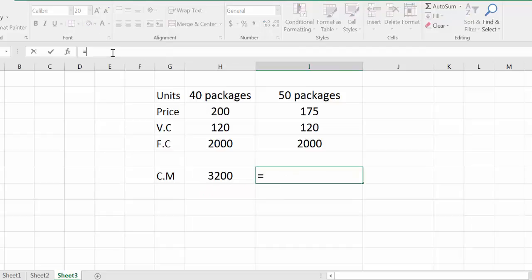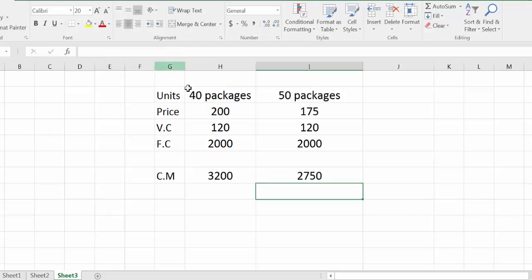For 50 packages, we're looking at 50 multiplied by 175 minus 120. So now we're looking at 2,750. Now the comparison is clear that 40 packages will generate more contribution margin in total.